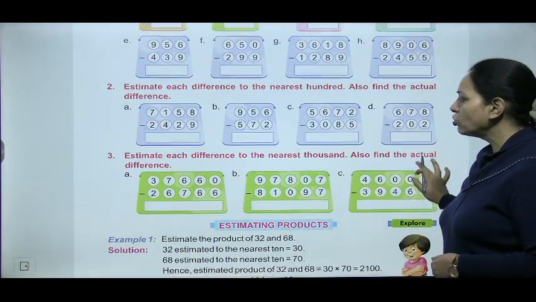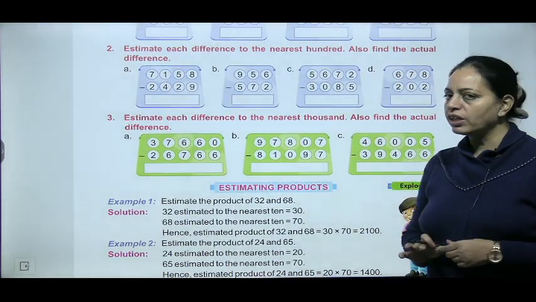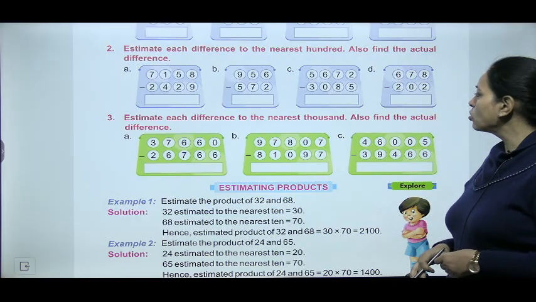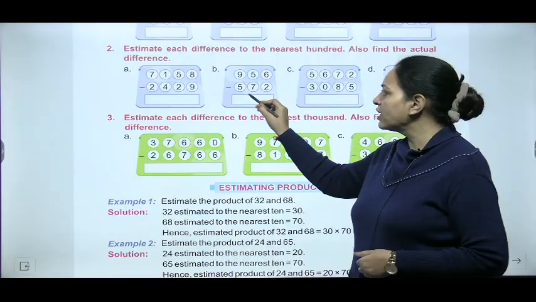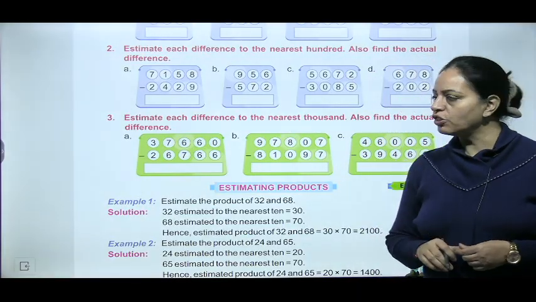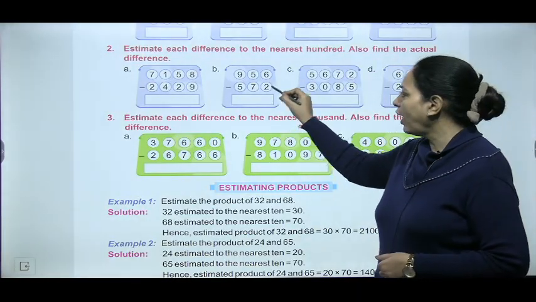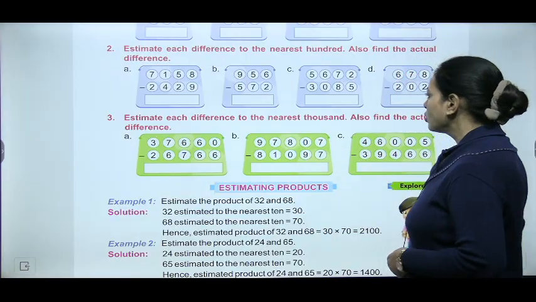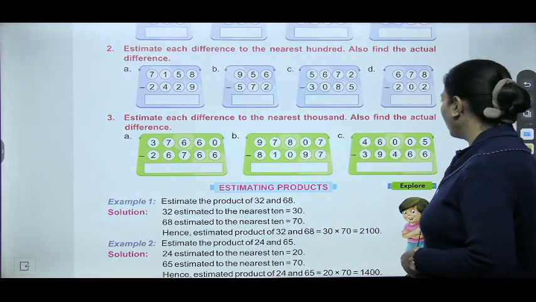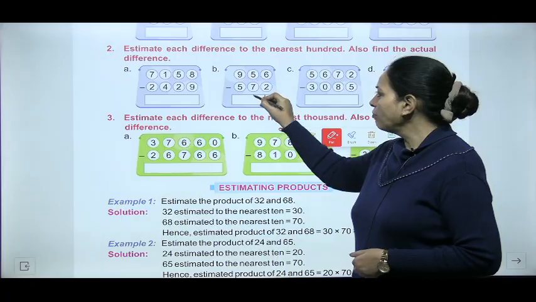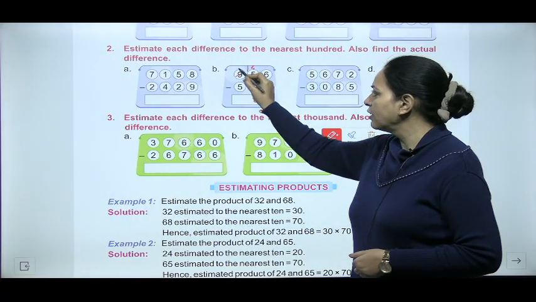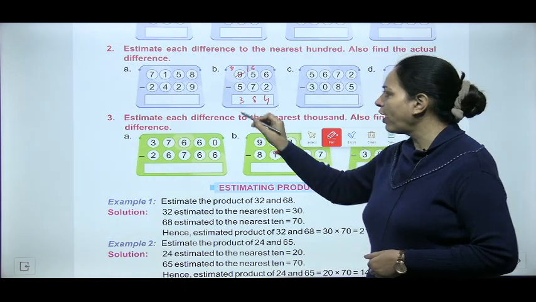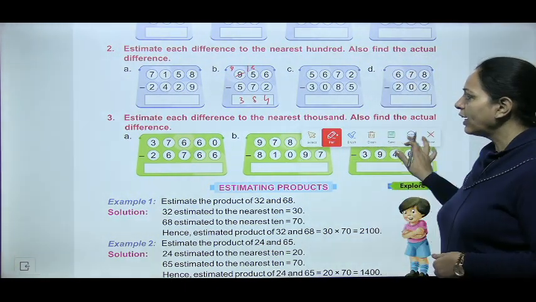Now come to second question, estimate each difference to the nearest 100. Also find the actual difference. B part 956 and 572. So first find the actual. 6 minus 2, that is 4. 5 minus 7, not possible. 15 minus 7, 8. And this is 8 minus 5, 3. Now find the estimated.